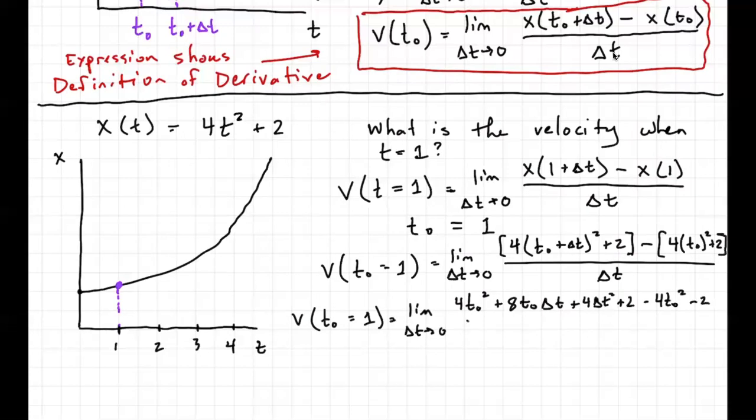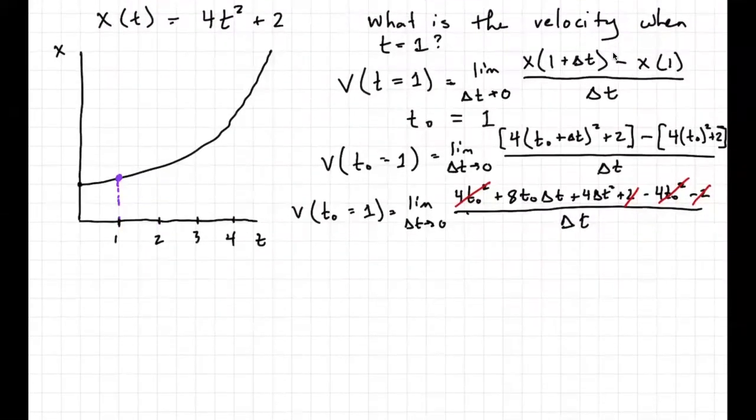That's everything on top over delta t. And you'll see here that some terms will cancel. The 4 t naught squared cancels, the 2 cancels, and there are only 2 terms left on top. So if we cancel that stuff, we're left with something that looks a little bit neater.